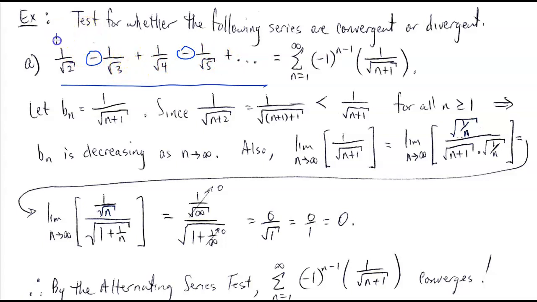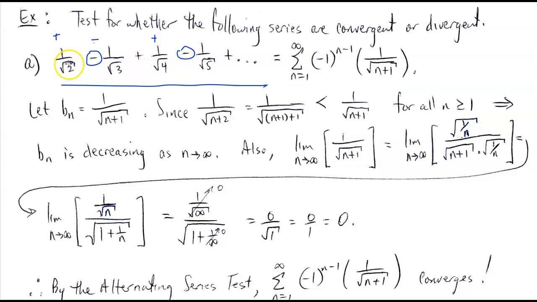And since the first term is positive, the next is negative, and so on and so forth, the n plus 1 in the exponent would suffice. We could also do n plus 1 here in the exponent, and it would also work, but I just chose to do n minus 1 here.